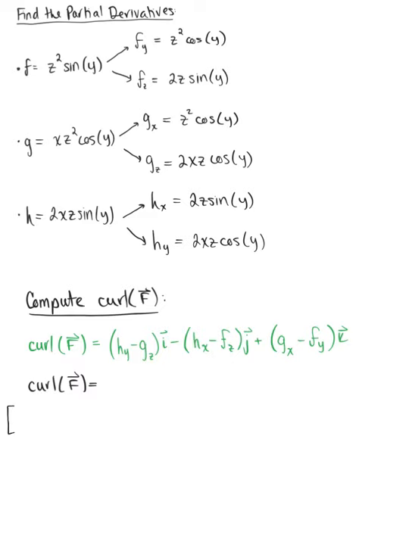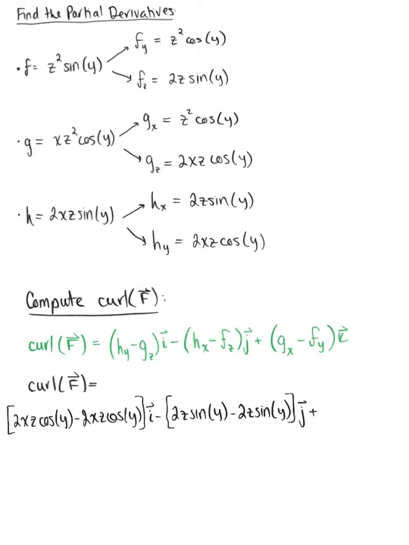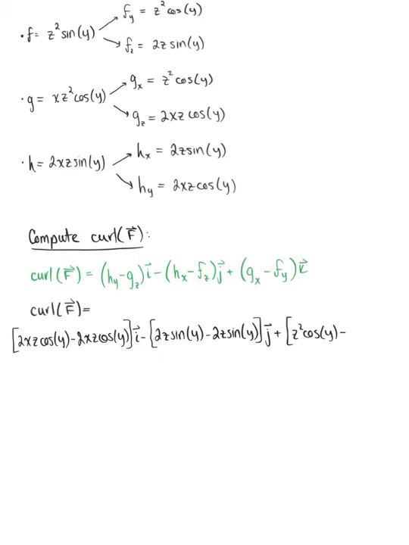We have 2xz cosine of y minus 2xz times cosine of y, and this is all multiplied by i hat, minus 2z sine of y minus 2z sine of y, and this is all multiplied by j hat, plus z squared cosine of y minus z squared times cosine of y, and that's all multiplied by k hat.